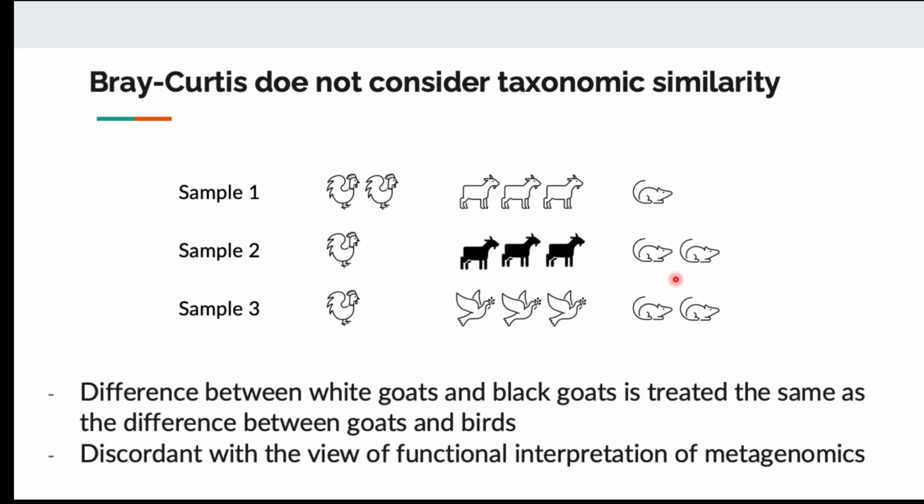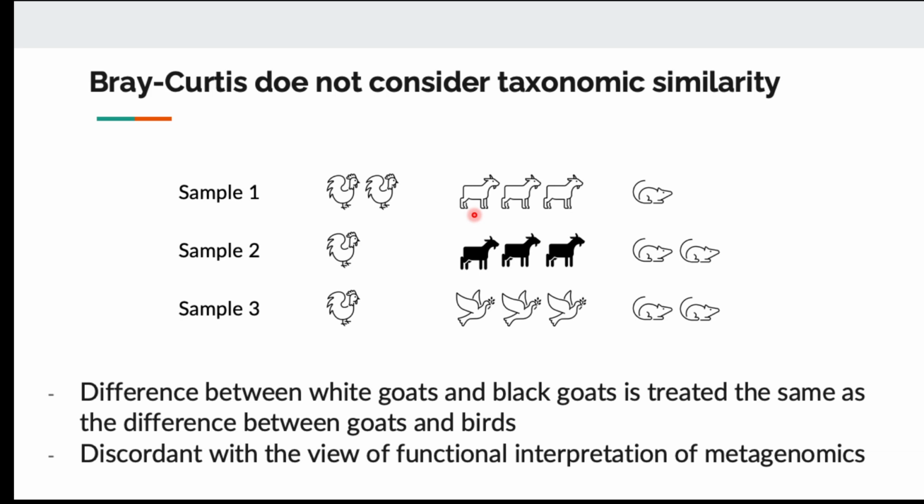The second limitation is that the similarity considered by Bray-Curtis dissimilarity doesn't consider taxonomic information at all. So I'm going to illustrate this by making some of the goats black and white. In this case, between sample 1 and 2, you say you have 1 chicken and 1 mouse, because the white goat and black goat are treated as different organisms.